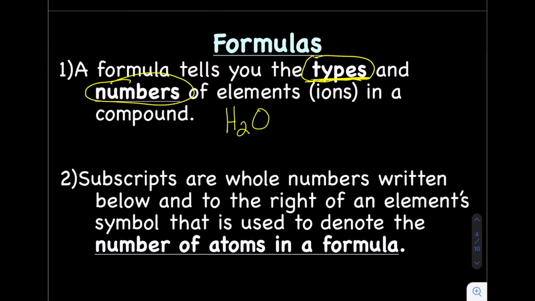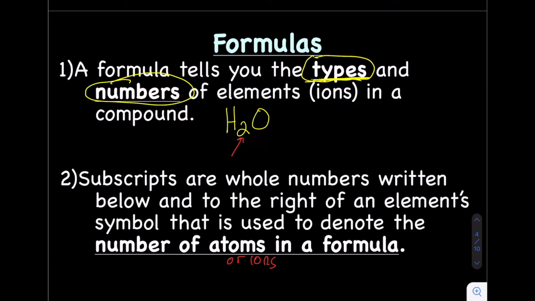Subscripts are whole numbers, meaning 1, 2, 3, 4, 5, not 1.5 or something. So subscripts are whole numbers written below and to the right of an element symbol, and it is used to denote the number of atoms or ions in the formula. So for example, this is a subscript, that 2. The 2 tells us that there are 2 hydrogens.